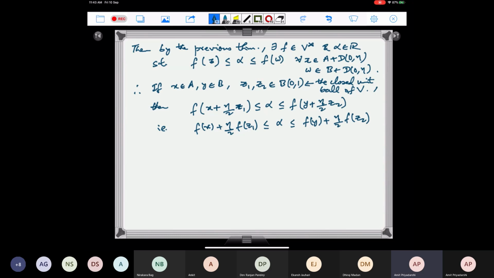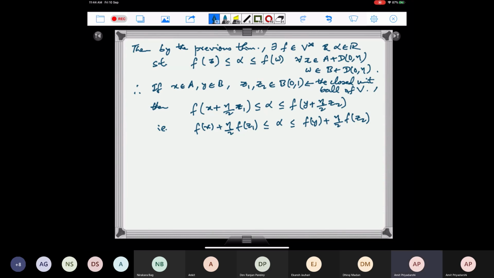Norm of f is the supremum of mod f of z where z belongs to the closed unit ball. So we get f of x plus eta by 2 norm f is less than or equal to alpha.